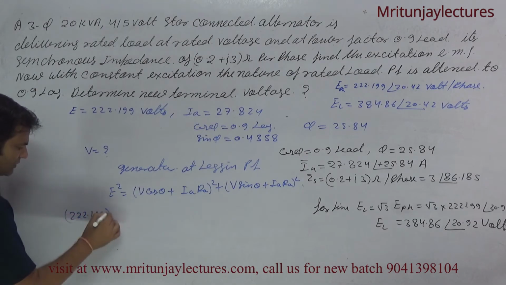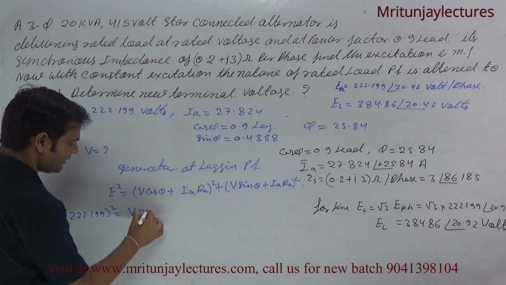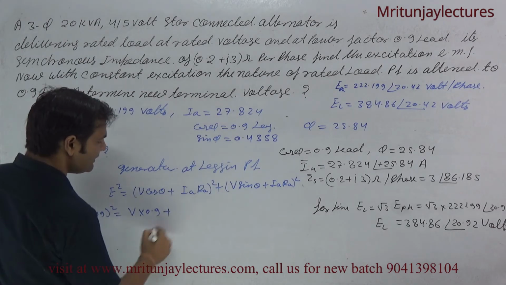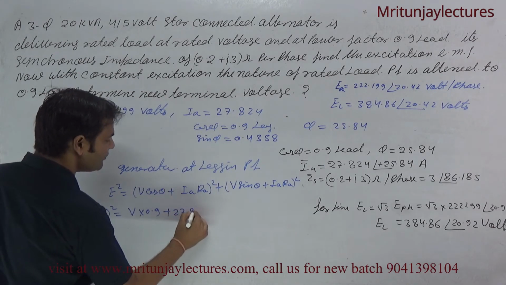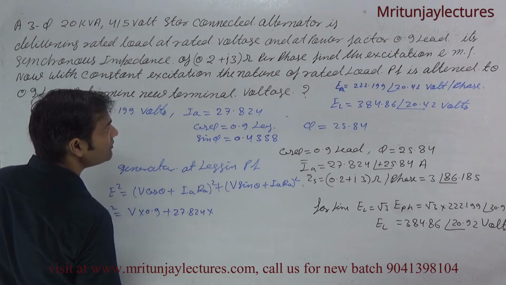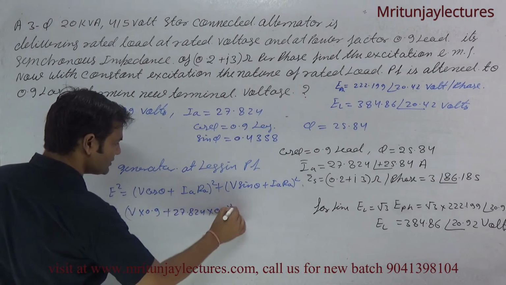I have already got E, so 222.199 whole square is equal to (V cos theta plus IA into RA) whole square. Cos theta is 0.9, plus IA, that is 27.824, into RA. RA is equal to 0.2, whole square.